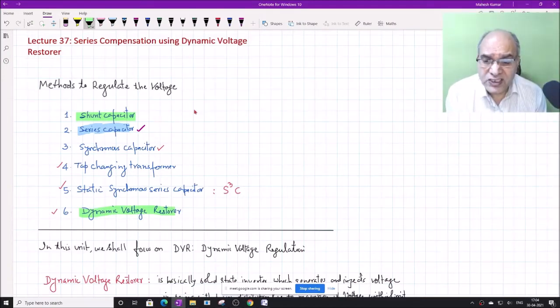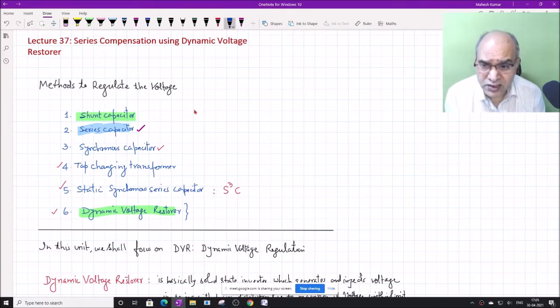The main difference between the DVR and the other devices is that the DVR consists of the active power filter, that is basically static switches forming the voltage source inverter.